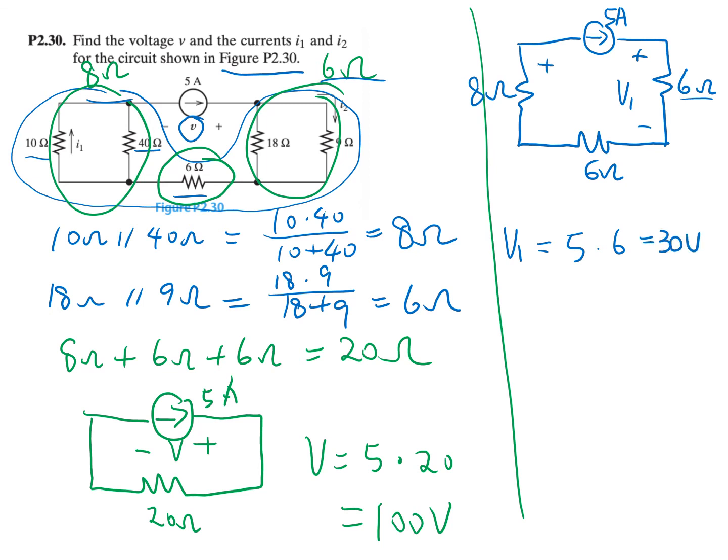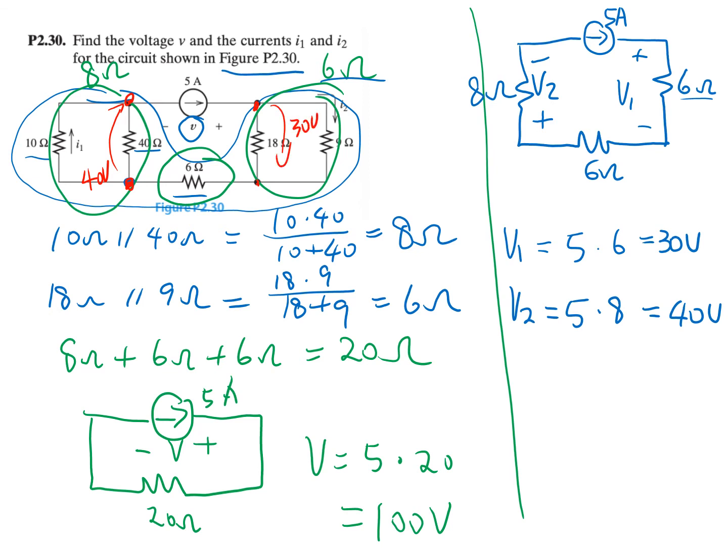And for V2, that is plus minus V2. V2 is equal to 5 times 8. That's 40 volt. So the voltage drop from here to here is 40 volt, and the voltage drop from here to here is 30 volt.